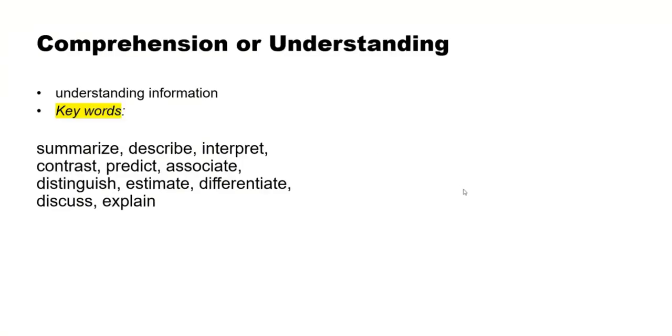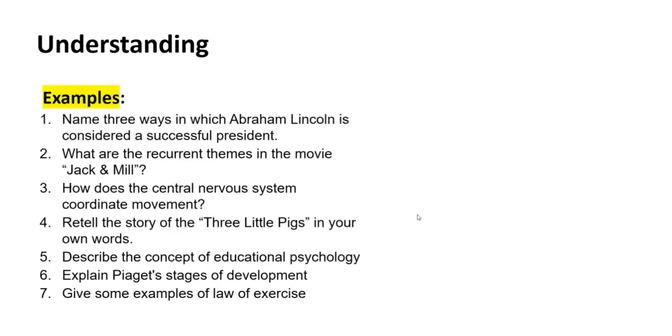This slide is about the second level of the cognitive domain in Bloom's taxonomy, which is understanding or comprehension. The keywords that can be used to ask such questions are summarize, describe, interpret, and explain. These types of questions ask the student to recall the information and use that information to answer a particular question. Let's see some examples of questions from this level. Name 3 ways in which Abraham Lincoln is considered a successful president.